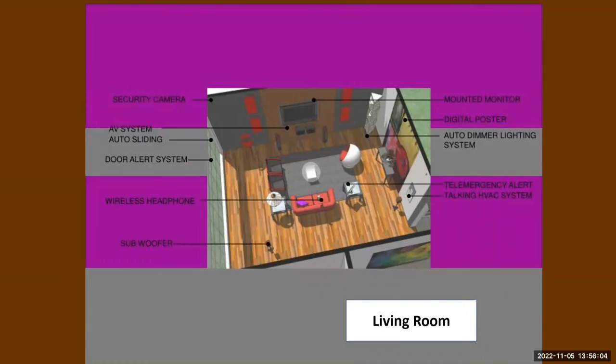And in your living room, you could have a security camera, you could have an AV system, you have auto sliding doors, you could have a door alert, you can have wireless headphones and a wireless subwoofer for your stereo, a mounted monitor, a digital poster, auto dimming lighting system, and then a tele-emergency alert.